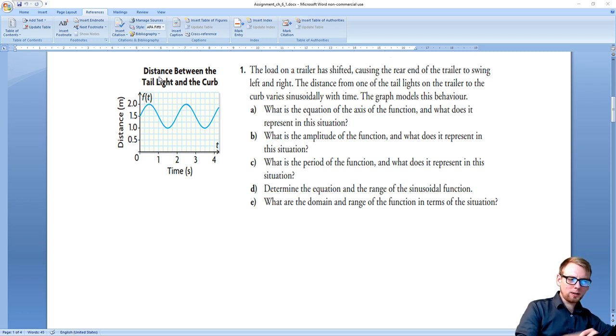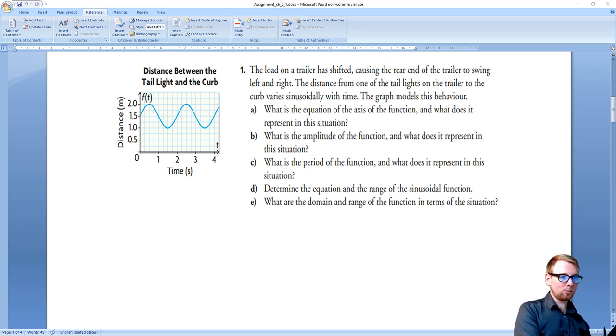No, the range is the y values. No, this value is 1, so it's not from 1.5 to 2. Remember, it's the y values. This whole y value area.